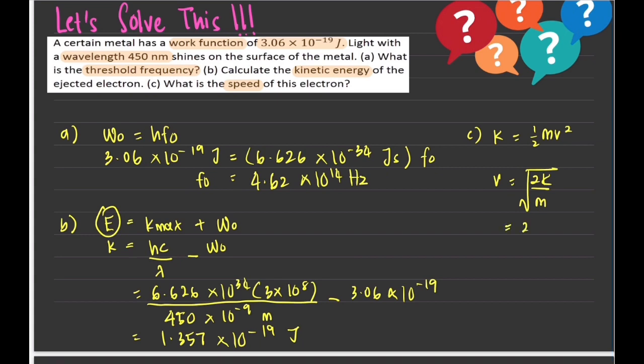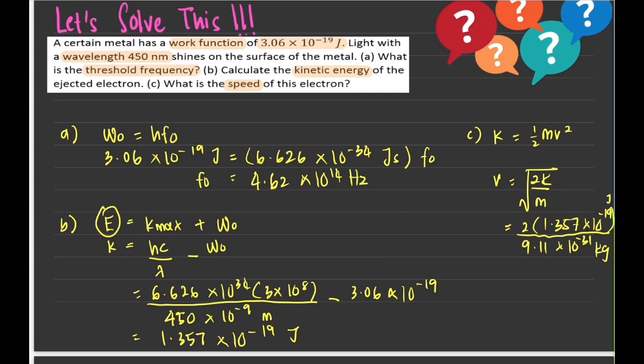So, plug in all the values, 2 times the kinetic energy that you got just now, 1.357 × 10^-19, over m, the mass of the electron, 9.11 × 10^-31 kg.